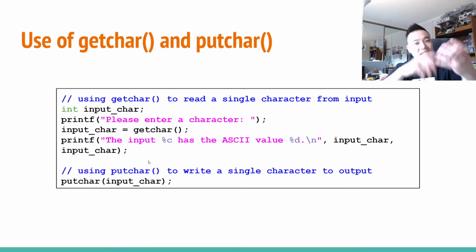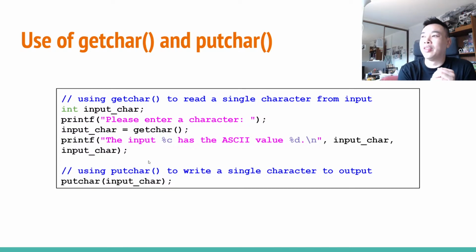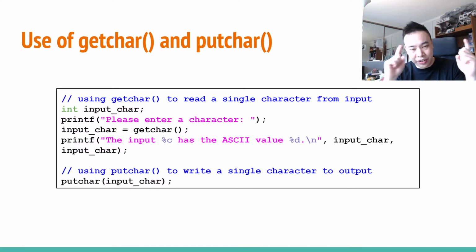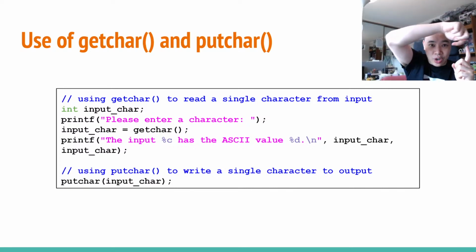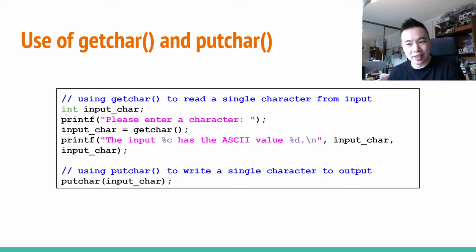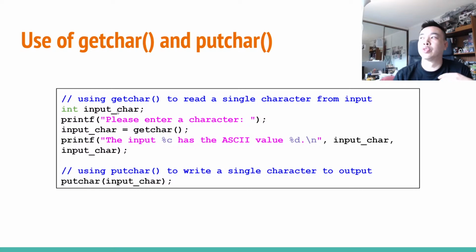So that's that integer underflowing thing I talked about much earlier, where since this thing can only store values between 0 and 255, if I take a 0 and I subtract 1 from it, it would just go all the way around to the top and then come back down from the highest number. So that's why we're often using integers when we're processing input, so that we can receive signals from the input reader as to whether things have worked or not. So my input char is an integer.